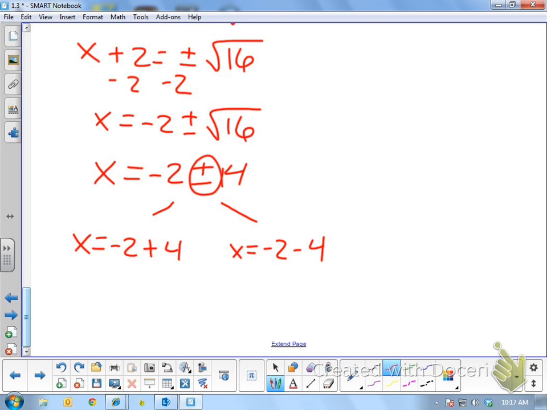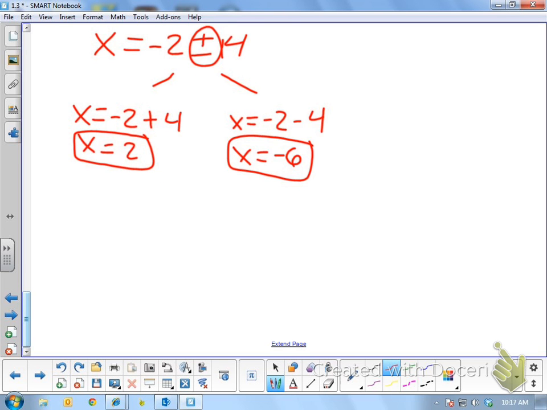We have to do it twice because they could combine. With the square root, they don't combine, so there's no point in writing it twice. But these will combine and change to be 2 and negative 6. Those are our two final answers for this problem.